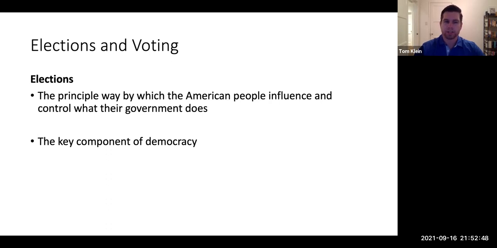We're going to define elections as the principal way by which the American people influence and control what their government does, right? So we vote for people to make laws for us, to lead us. And theoretically, at least, they are doing these things. They're enacting these laws. They are taking policy, enacting policy on behalf of the people.